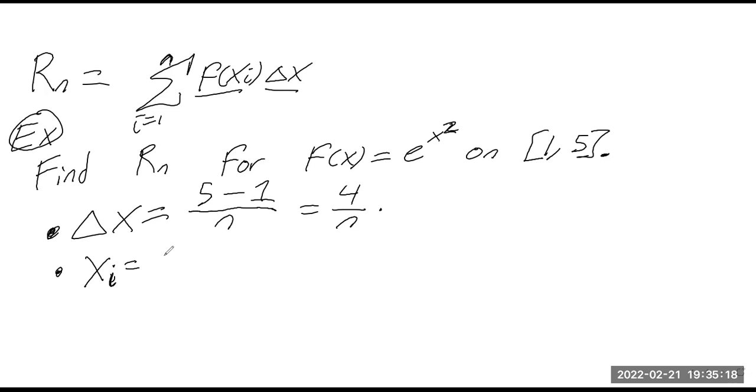So we got to keep it general. But we know that we start at 1 and we go to a distance, i widths. But then I found delta x over here. So I just replace and multiply, and this should be the formula to get our ith endpoint.